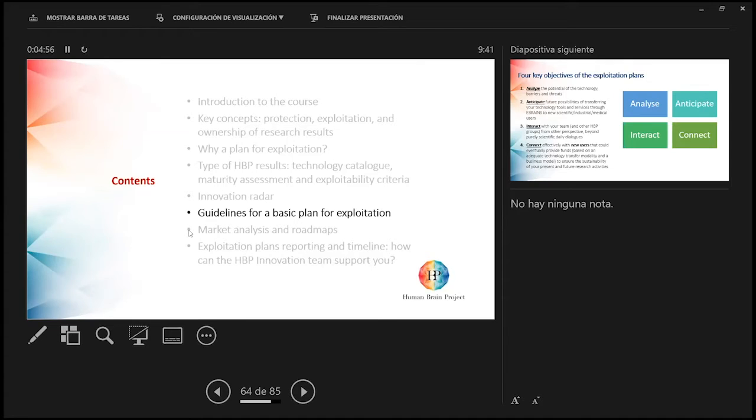Our services are described, and I will give an overview of them, just for you to know what you can expect from our team, and where we can help you in different parts of exploitation. So let's start with the guidelines.